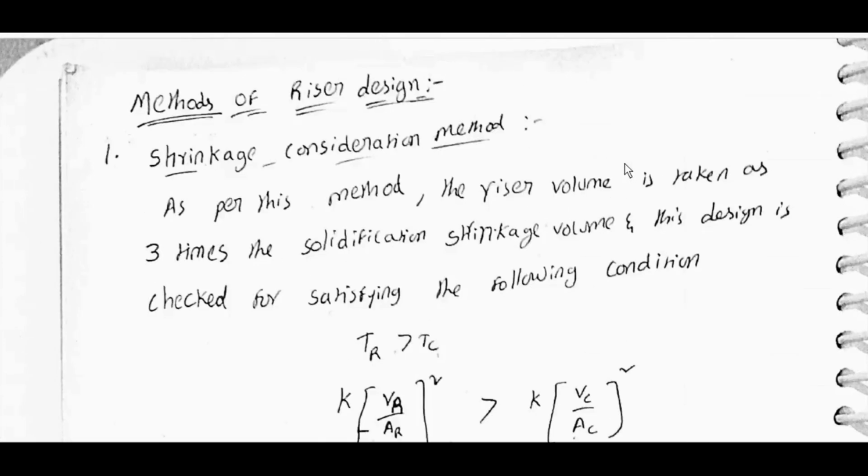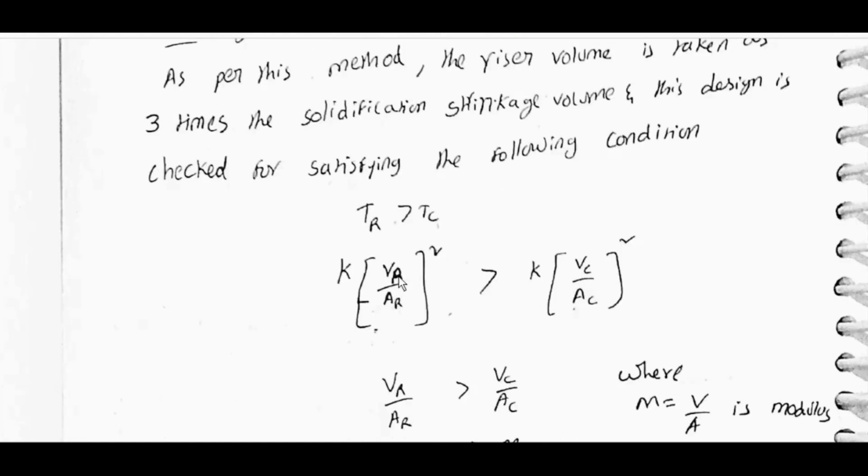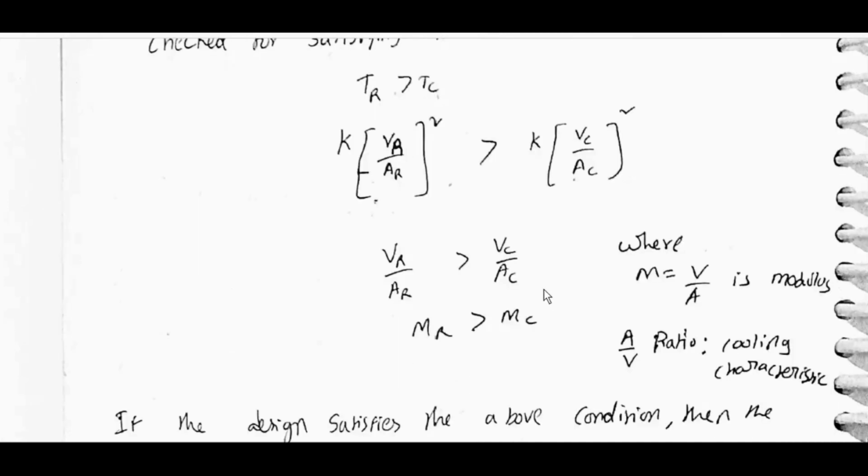Method of riser design. Shrinkage consideration method. As per this method, riser volume is taken as 3 times the solidification shrinkage volume, and this design is checked for satisfying the following condition: Tr greater than Tc, K into Vr by Ar whole square greater than K into Vc by Ac whole square, so Vr by Ar greater than Vc by Ac, Mr greater than Mc, where M is equal to V by A is the modulus, the V by A ratio, a cooling characteristic.